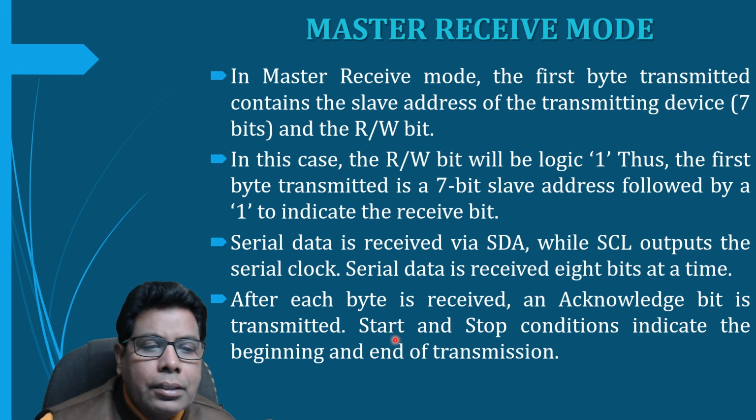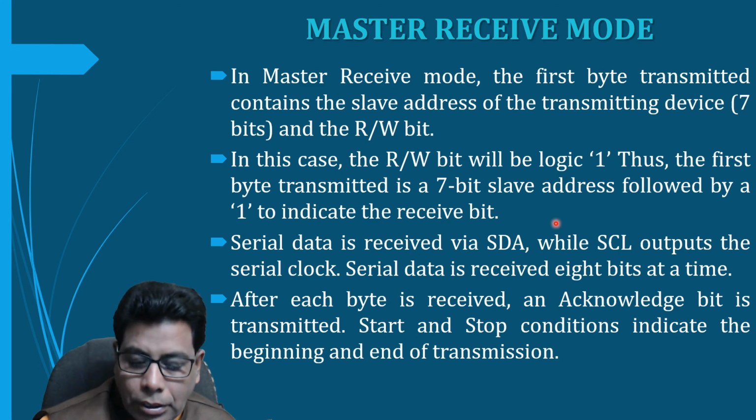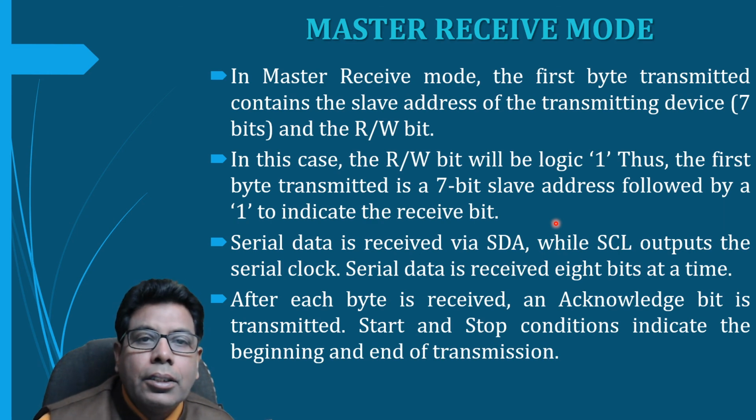Here again the same thing, start and stop conditions indicate the beginning and end of transmission. If we want to end the transmission, then a stop condition will be put on the SDA and SCL lines, and the transmission will be terminated. So this is how the master mode will work in transmission and reception.